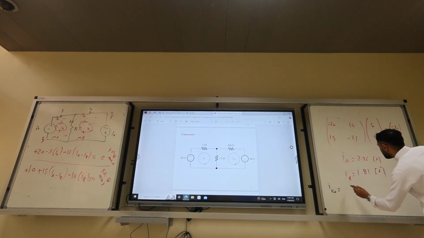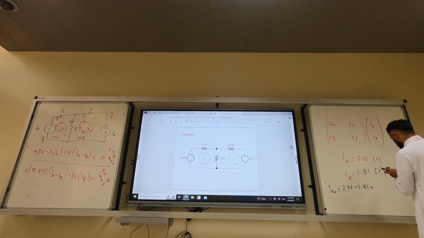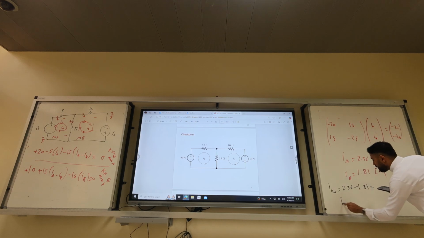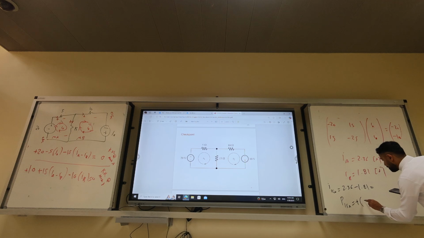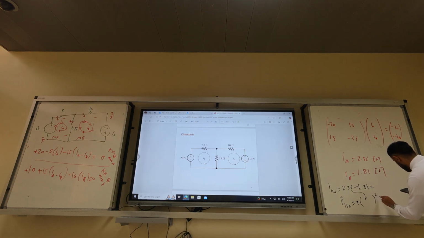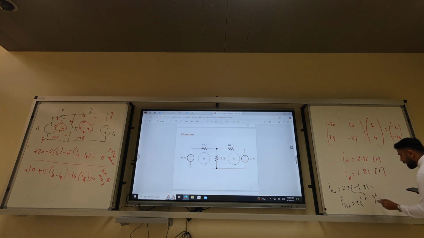It's IA minus IB. What's the answer? So power at the 15 ohm equals this number, plus 0.55, squared times 15, I squared R. The final answer is 4.471 watt absorbed.